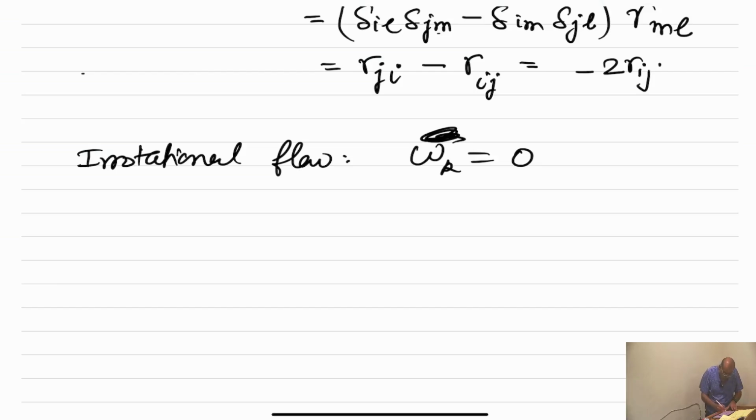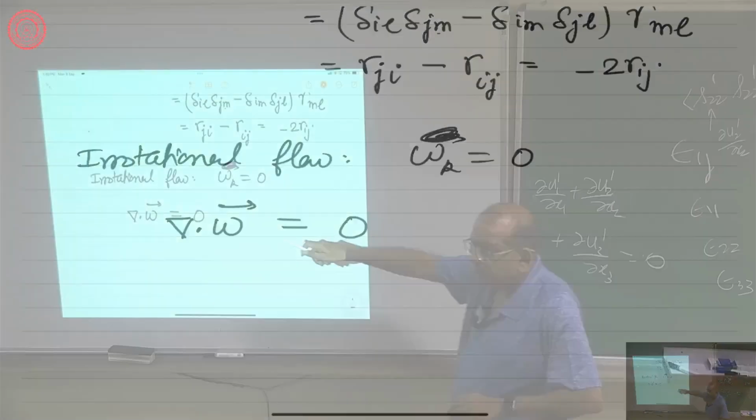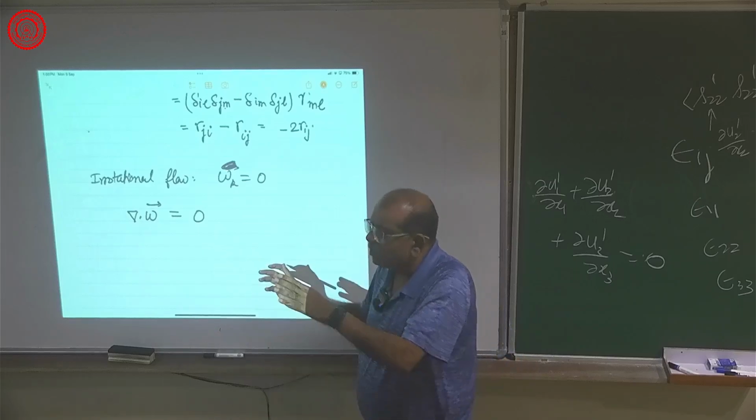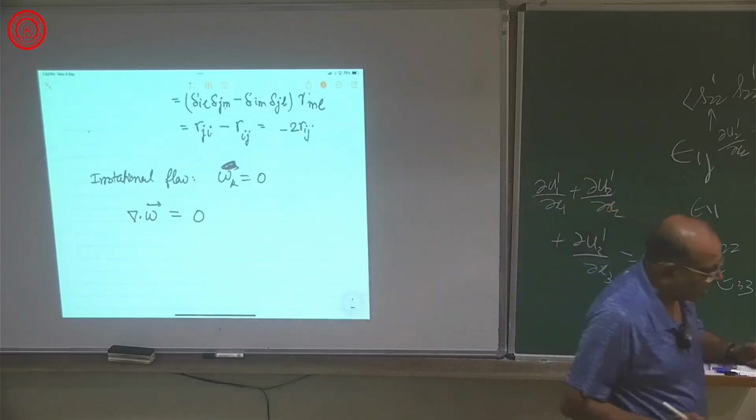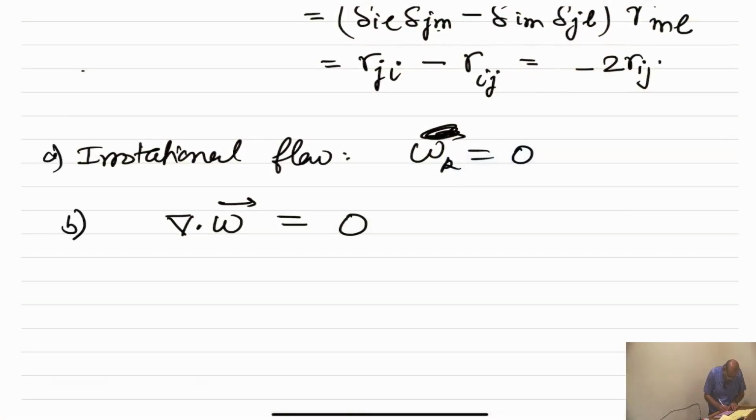Also, omega has another property: the divergence of omega, whatever omega is, is always 0. Divergence of curl is 0, exactly. So this is A, this is B, they are not related. If the flow is irrotational, it implies omega_k is equal to 0 for any omega.